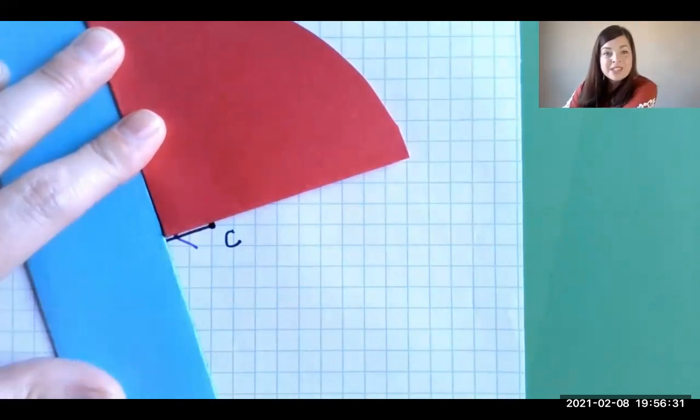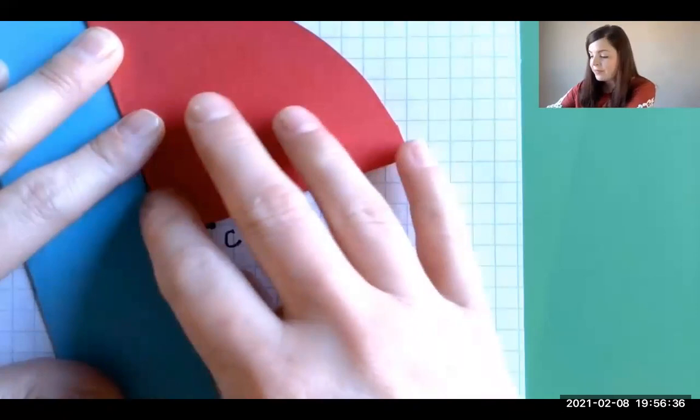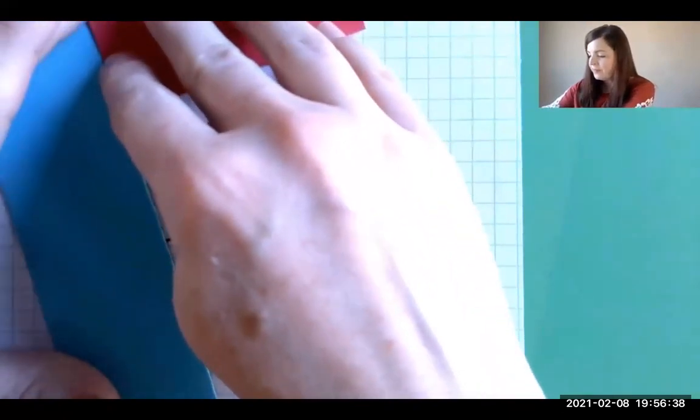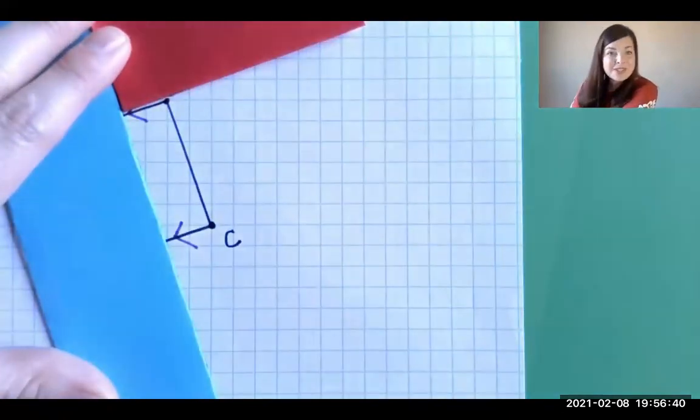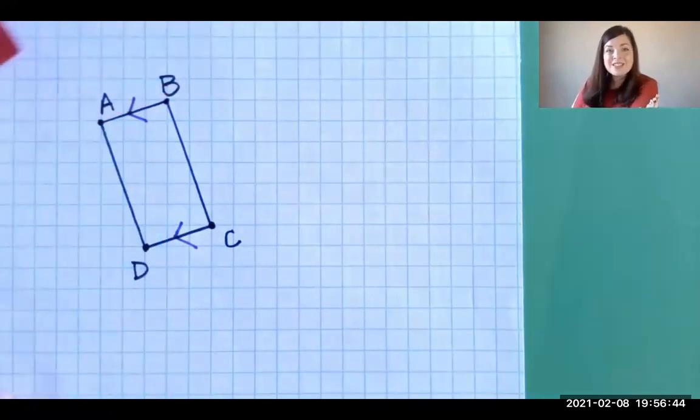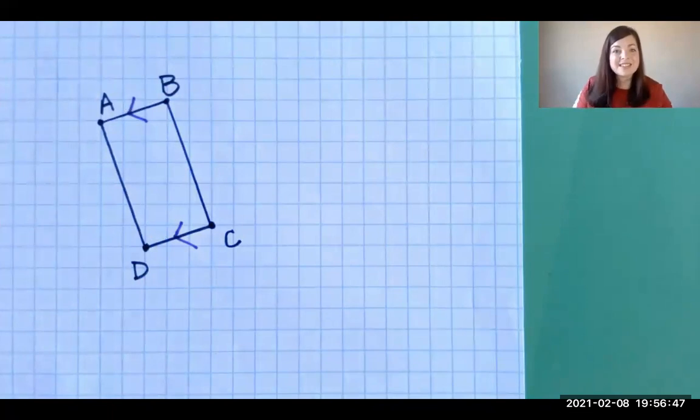And then we'll slide our right angle template up and see if it also aligns perfectly with the other segment. Let's do it. Does it also line up perfectly with the other line segment? It sure does. So segment AB and segment CD are parallel.